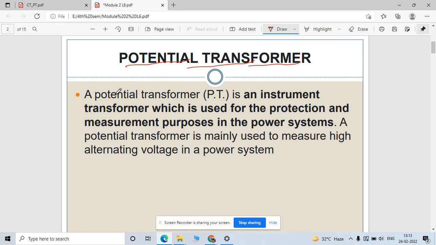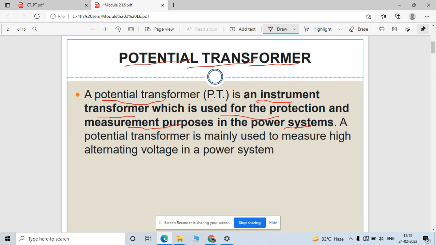So this potential transformer is nothing but the instrument transformer which is used for the protection and the measurement purpose in your power system.